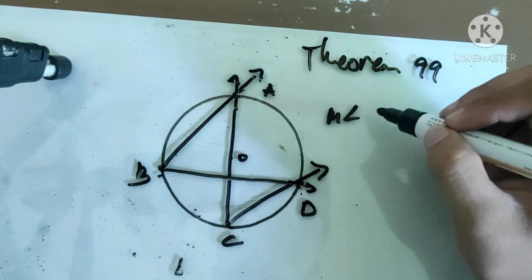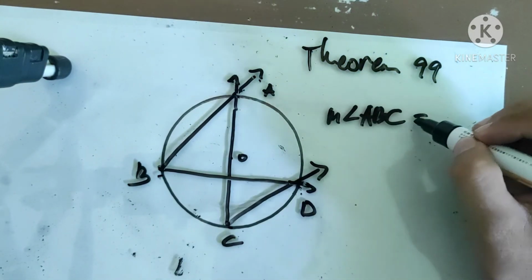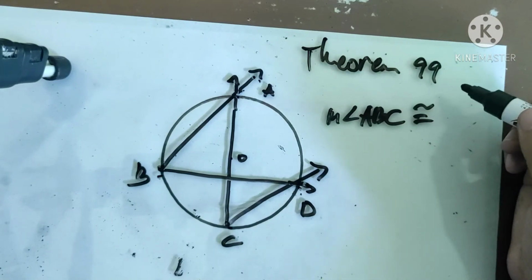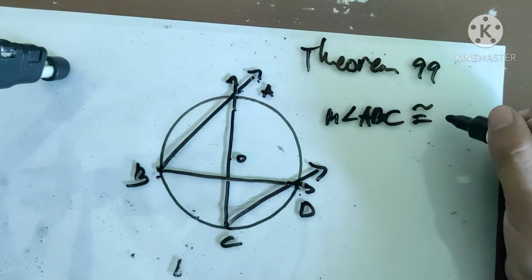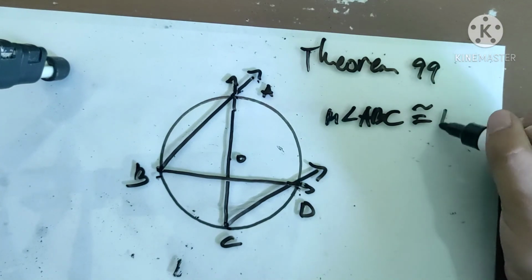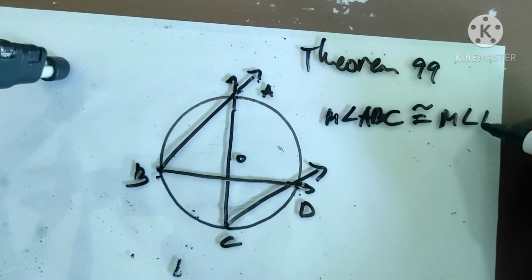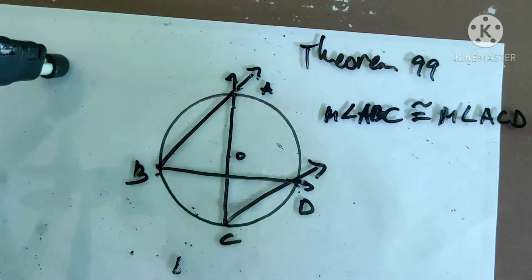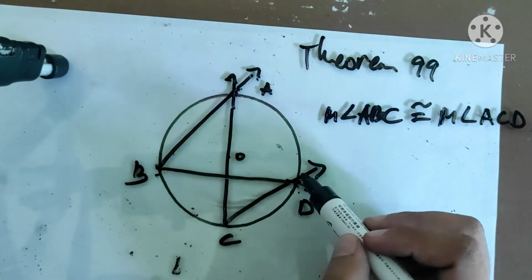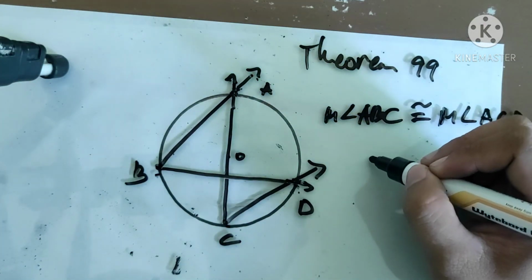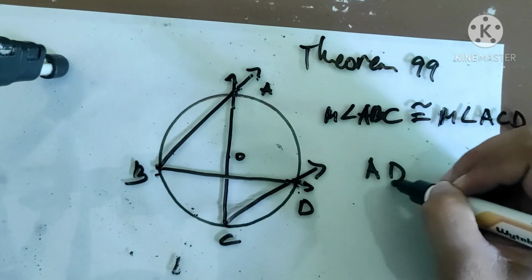So measure of angle ABD is congruent kay measure of angle ACD. Yan. Bakit? Kasi nga, pareho ang kanilang intercepted arc, which is arc AD.